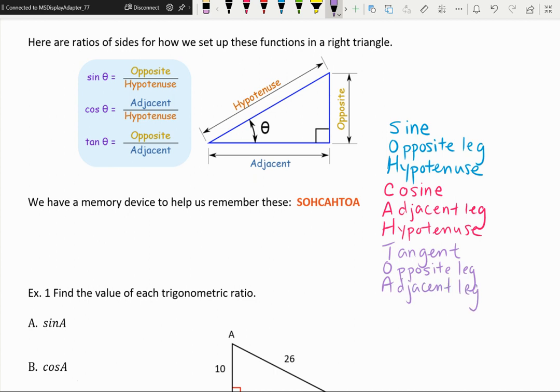So this SOHCAHTOA is just a way to remember all three of these equations. At the tops of a lot of people's papers, you're going to see SOHCAHTOA written as a way to help us set these up.